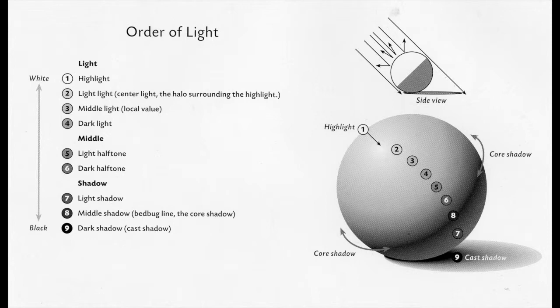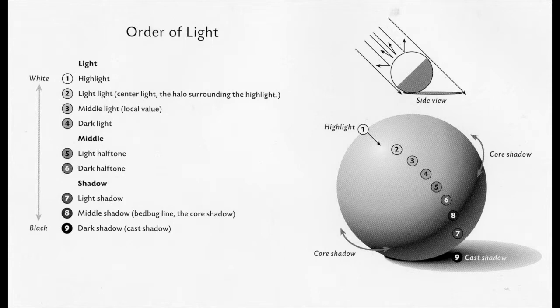So if your light is coming from the right-hand side, like it is in this picture, your highlight or your lightest white, number 1, is going to be on that side, and it's going to gradually go away from that light. The only exception is number 7. That is the reflected light that is cast from this object actually sitting on a flat surface.